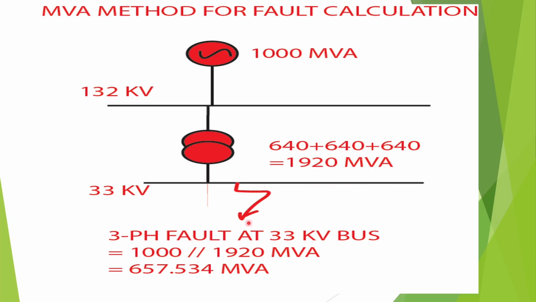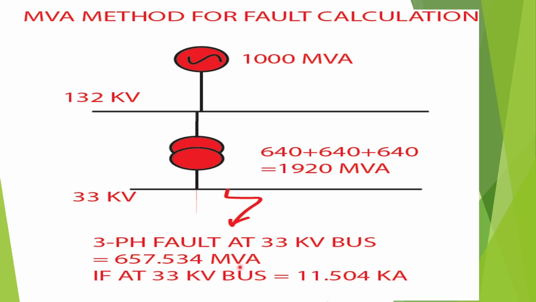The three-phase fault at the 33 kV bus is the parallel combination of the source MVA and the equivalent fault MVA of the transformers, that is 1000 MVA in parallel with 1920 MVA, which is 657.534 MVA.